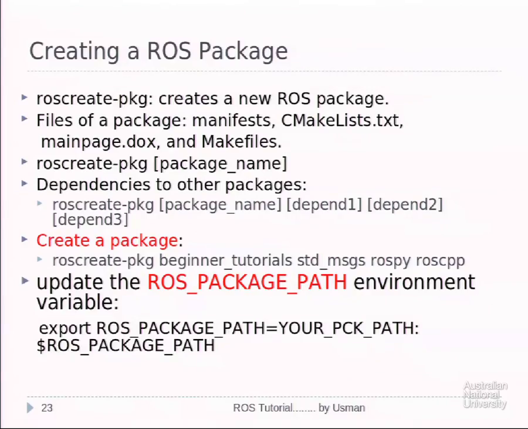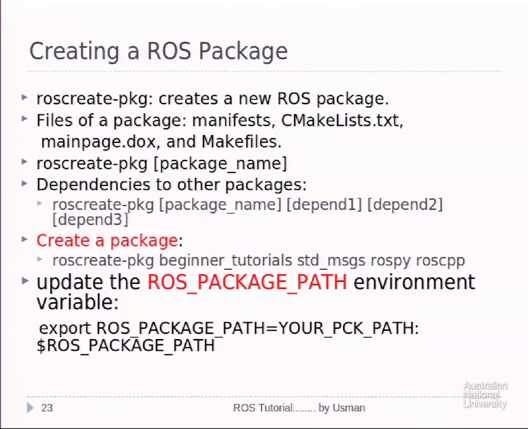In this command, if you tell it that you're dependent upon the package for getting data from wheels, just put the name of that package and it will get it for you. You don't have to worry about how to include that package or library. You just write ROS create package and its dependencies, and it will give you all that information.